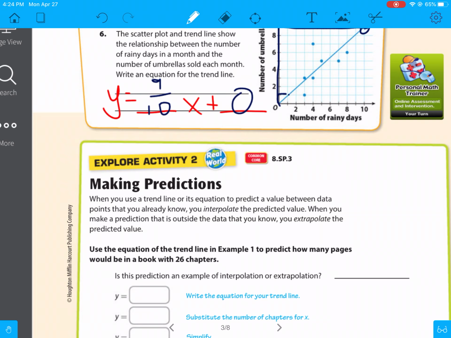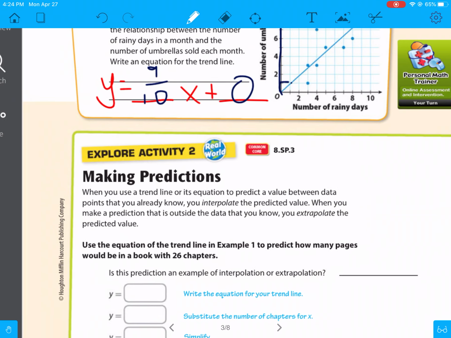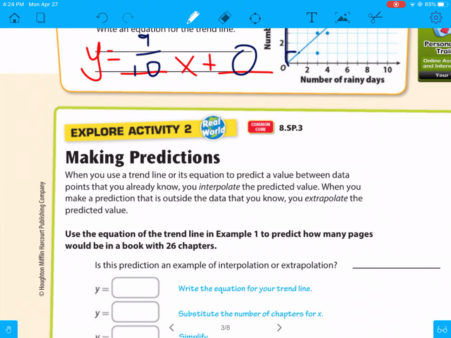Now, this next part is the last part we're going to talk about, which is making predictions. If you have your equation, you can make predictions. When you use a trend line or its equation to predict a value between data points, you interpolate the predicted value.